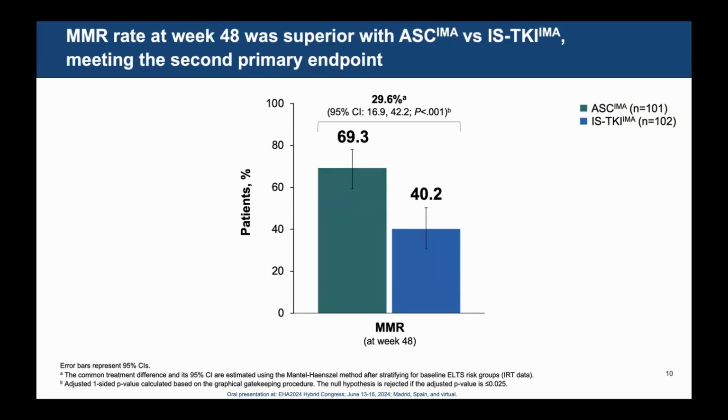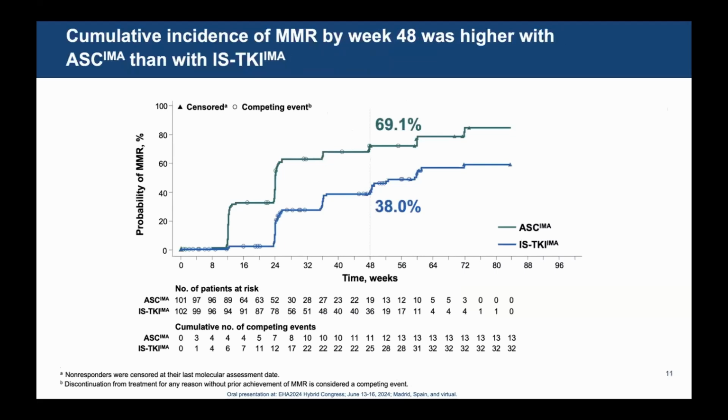The second primary endpoint was Asciminib versus Imatinib. The difference is even larger here, 69% MMR with Asciminib, 40% with Imatinib. And you see here with Imatinib, almost nobody got an MMR at week 12, but more than 30% with Asciminib.